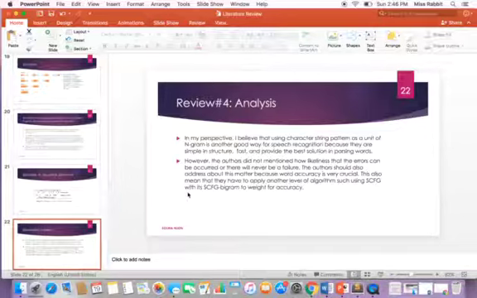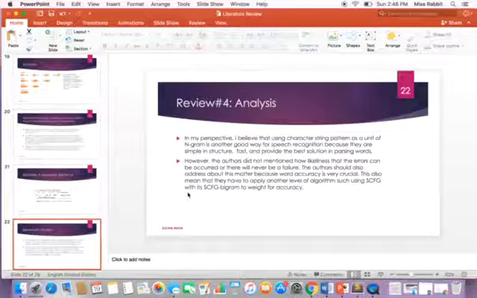So, in my perspective for this fourth review, I believe that using character string patterns as a unit of N-gram is another good way for speech recognition because they are simple in structure, fast, and provide the best solutions in parsing words. However, the author did not mention how likely the errors can occur or whether there will never be a failure.